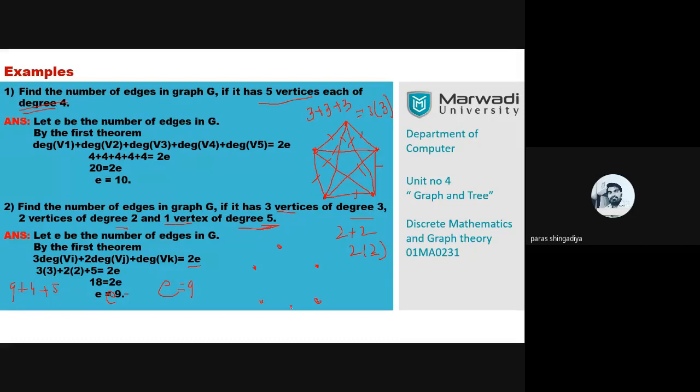There are 6 vertices there. Okay, good. Okay, very good.